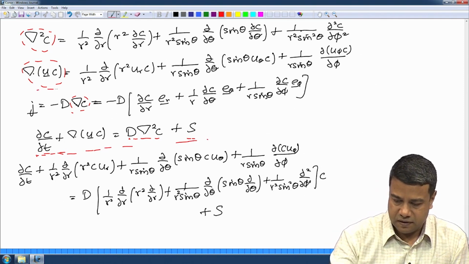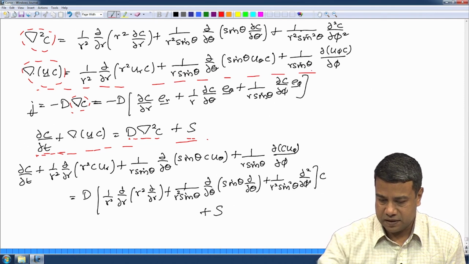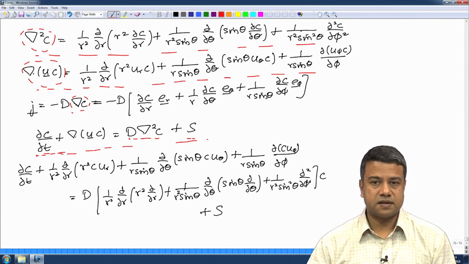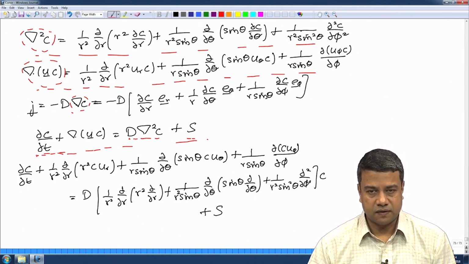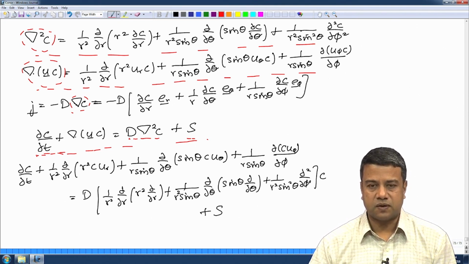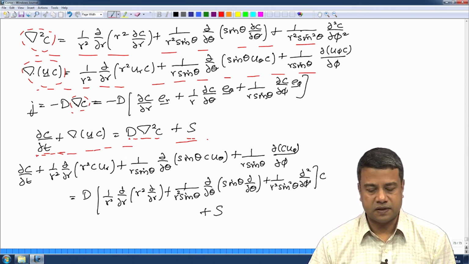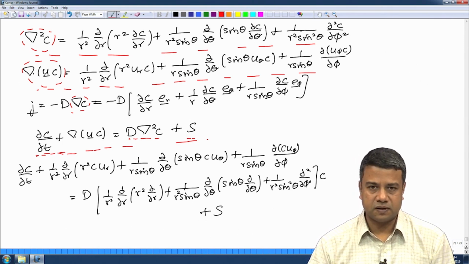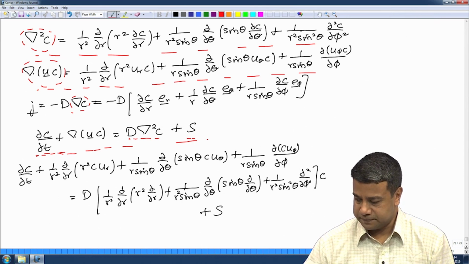The definitions of the divergence and the Laplacian are now different, because in this spherical coordinate system, the surfaces perpendicular to the coordinate axis are not surfaces of constant area. The area changes as the coordinate changes, and that has to be taken into account in the definition of the divergence and the Laplacian. Other than that, the procedure is exactly the same. And we had got the conservation equation for the concentration field.